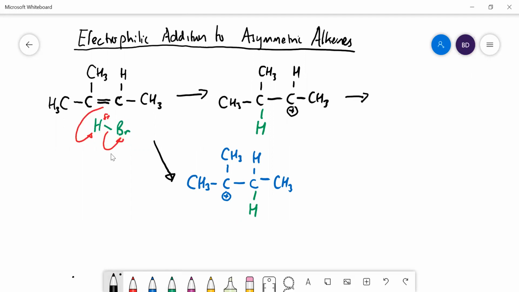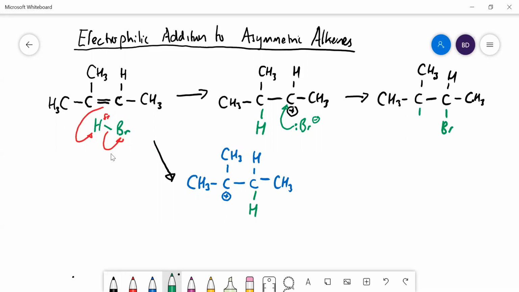Okay, so let's see what the product's going to be then. So this one, here's our Br minus. Final step, that's going to attack there. So we're going to get CH3, and we've got our bromine on this one, and the hydrogen there. Let's draw the blue one. That's a bit messy.